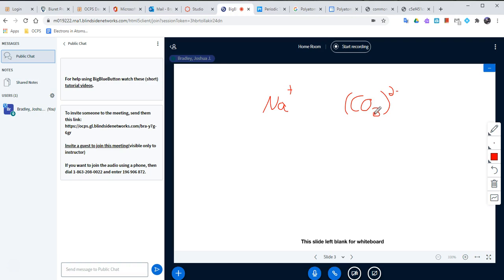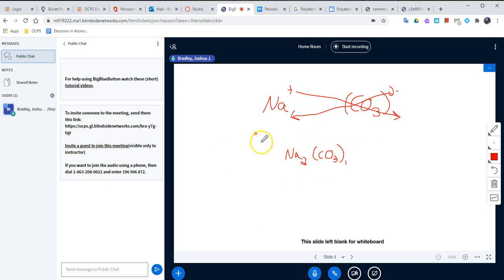In general, when we're bonding with these ions, I want you to notice that it's in this nice little prison, and it's going to stay in that prison. So we take our 2 from over here, our 1 from here, and move them just like we did with all of our other ones. So we'll have Na, the 2 will go here, and then we'd have our parentheses CO3, and then technically we would have 1.